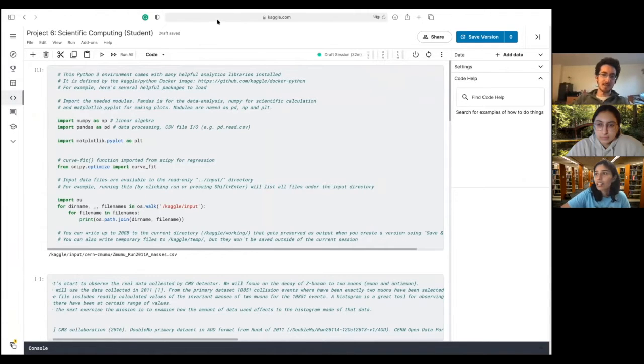Click on that link, scroll all the way to the bottom, click the student version, or attendee version, and then in the right-hand corner of the Kaggle page you'll see an ability to copy and edit, which gives you your own editable copy as we go through the presentation. Give it a moment, and if everyone could give a thumbs up in the chat when done, I can continue with the lesson.